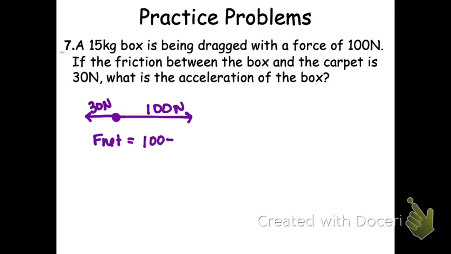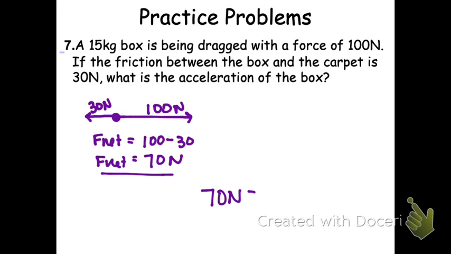Subtract them. So I'm going to take 100 minus 30, and that means my net force would be equal to 70 newtons. Okay, and so now I can take that number, 70 newtons, and say 70 newtons is equal to my mass times my acceleration.